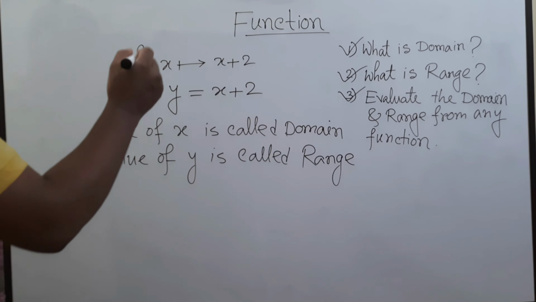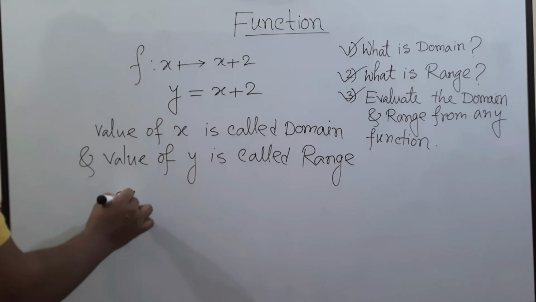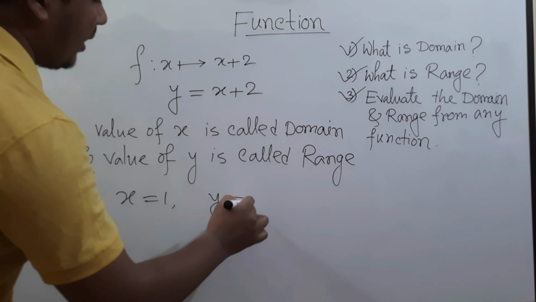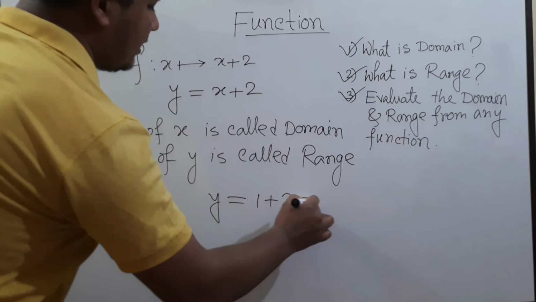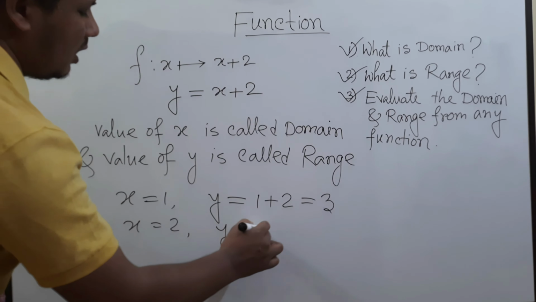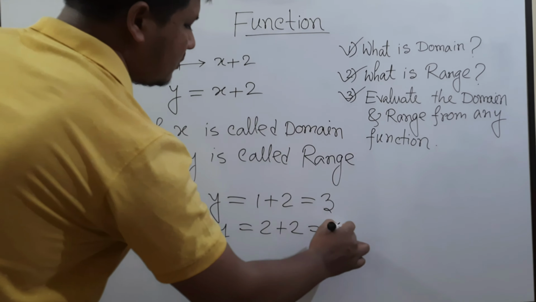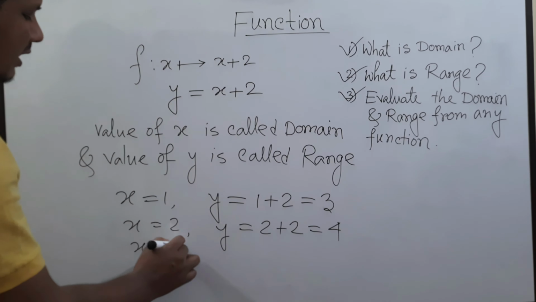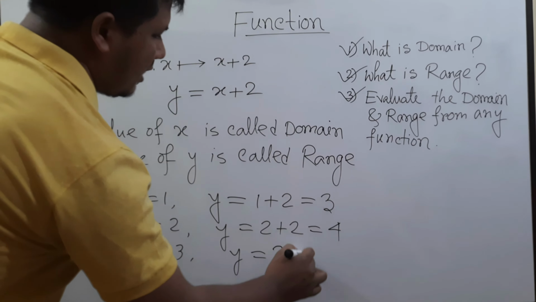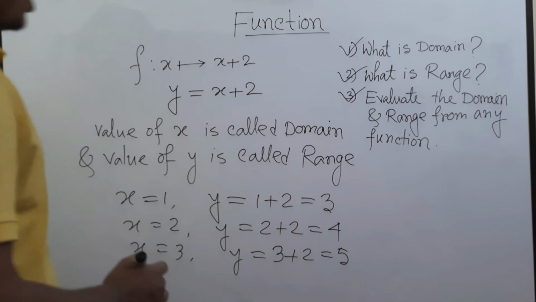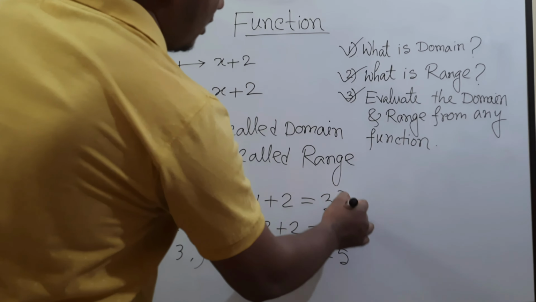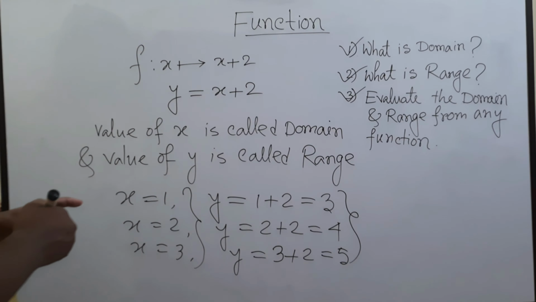For an example, if we take some value for x, if we take x equals 1, then from the function we get y equals 1 plus 2, that is 3, and if x equals 2, then we'll get y equals 2 plus 2, that is 4. If x equals 3, then y equals 3 plus 2, that is 5. So look at here, these are the set of values of x and these are the set of values of y.